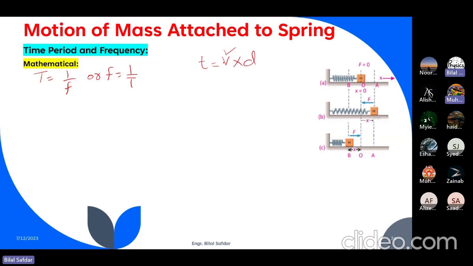Sir, the time divided by... Velocity is equal to d by t, and we are taking this d, and there is also a time. How can we get time?